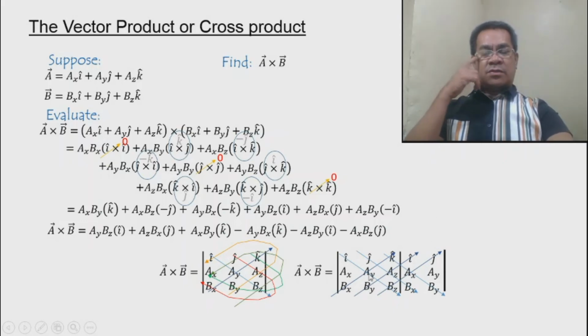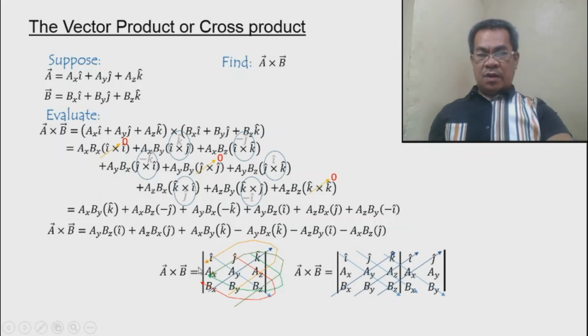All you need to do is put that onto the 3 by 3 matrix. Look at this one. The first row, the upper row, will be occupied by the unit vectors. It should be I, J, K. So this is the position of the unit vectors.